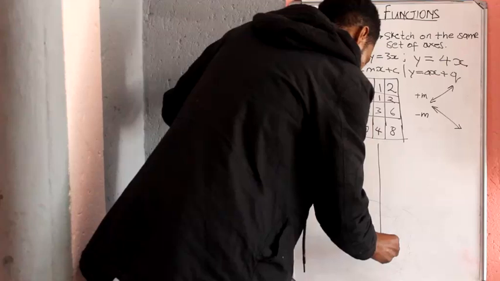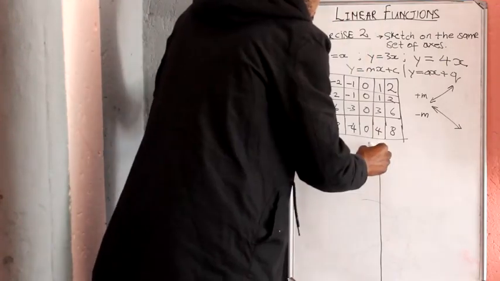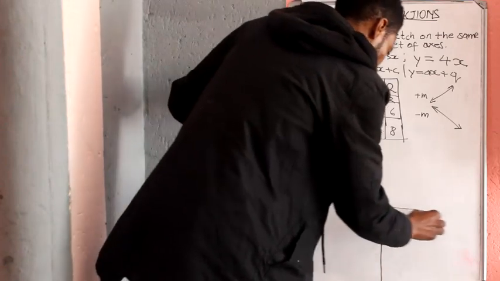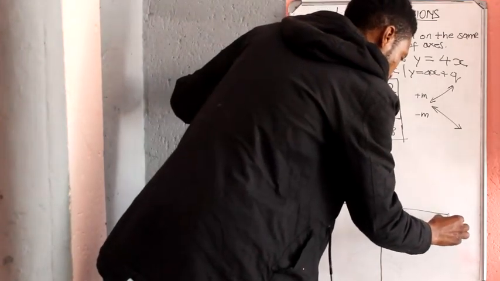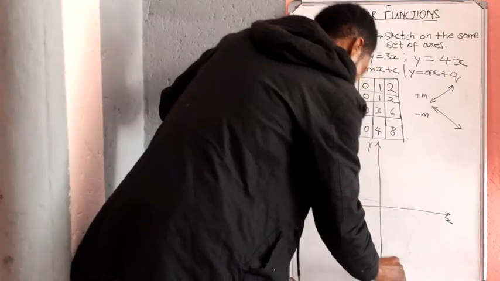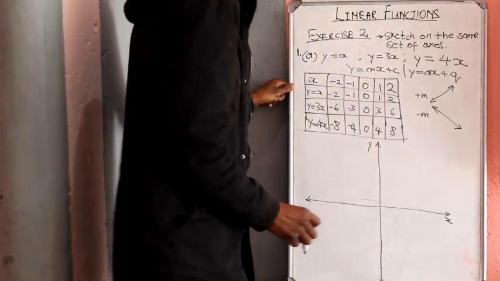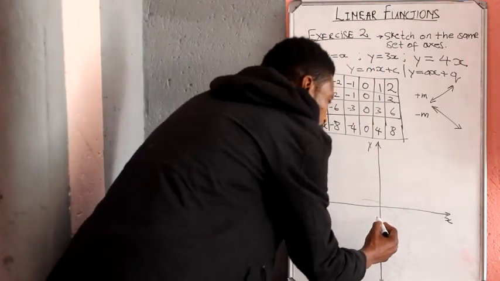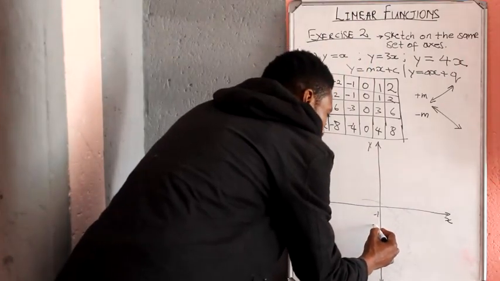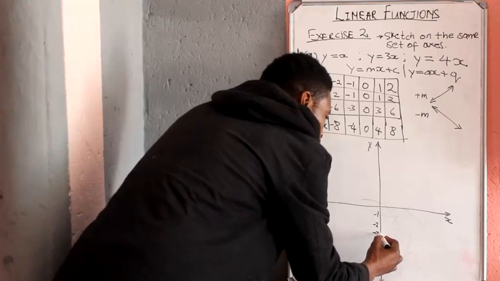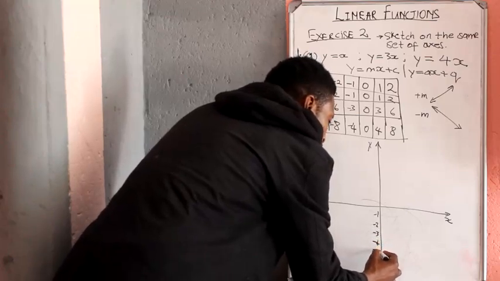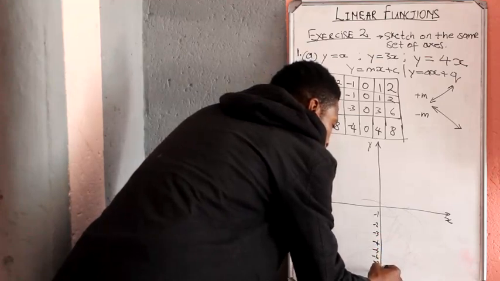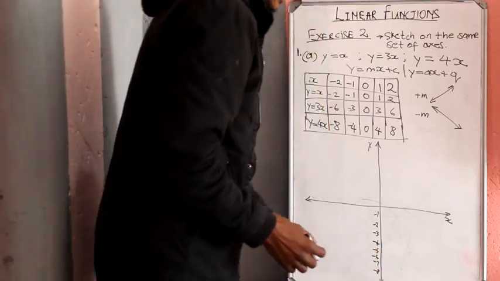So I'm going to go that way for my y-axis, and then that way for my x-axis. Those are going to be my negative values. I'm going to have -1, -2, -3, -4, -5, -6, -7, -8.